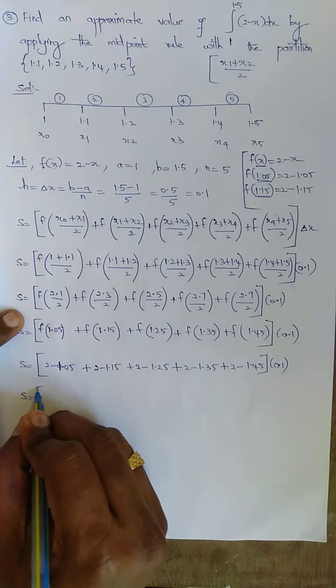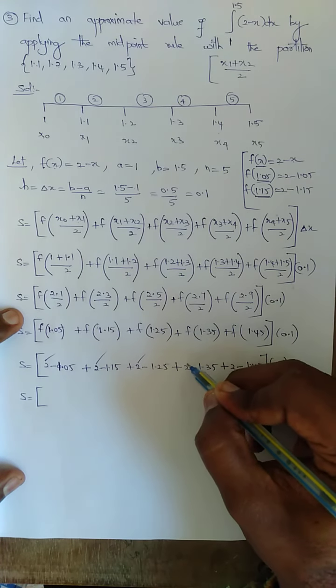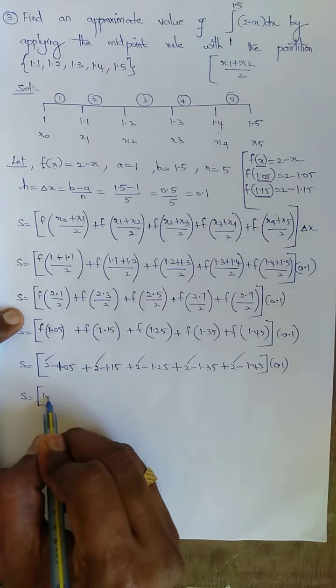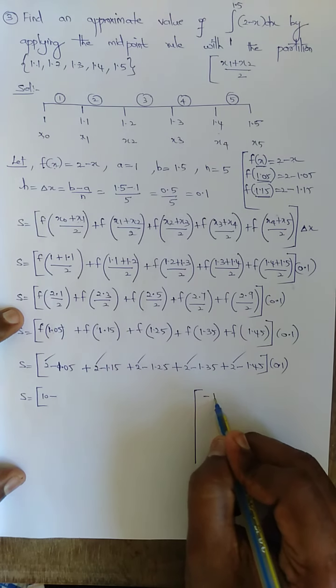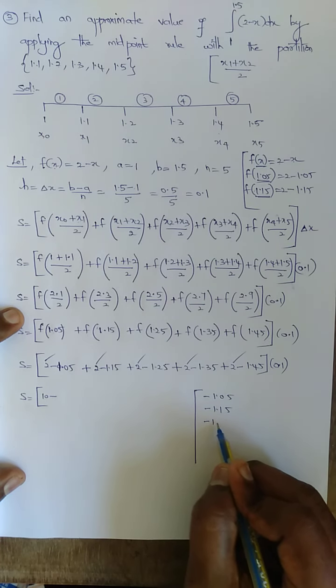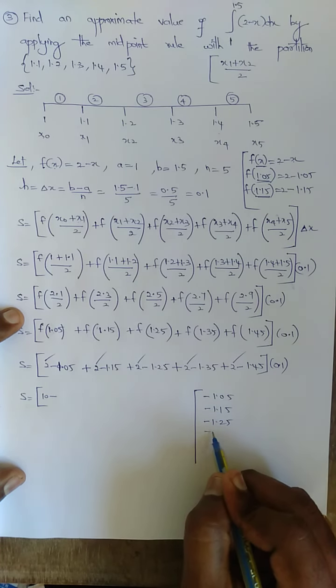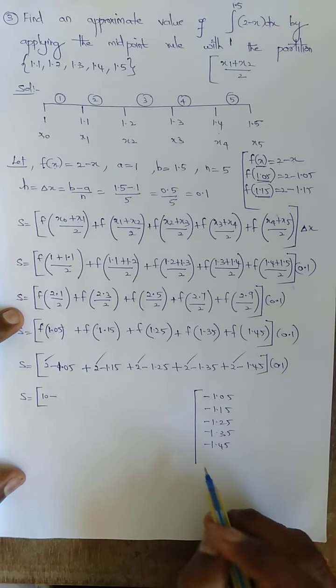S is equal to 2 plus 2, 4, 6, 8, 10. 10 minus 1.05, minus 1.15, minus 1.25, minus 1.35, minus 1.45.